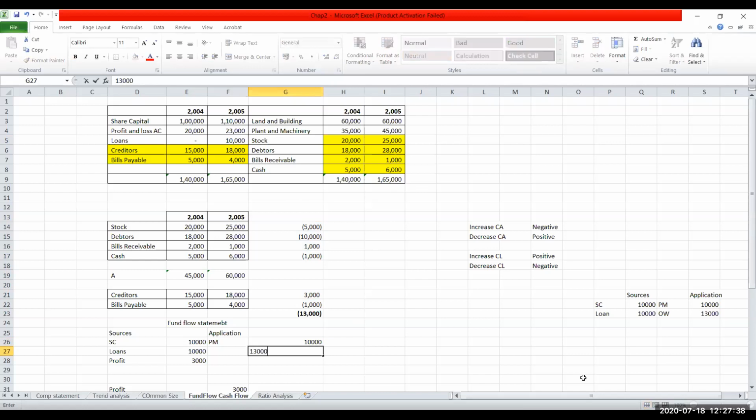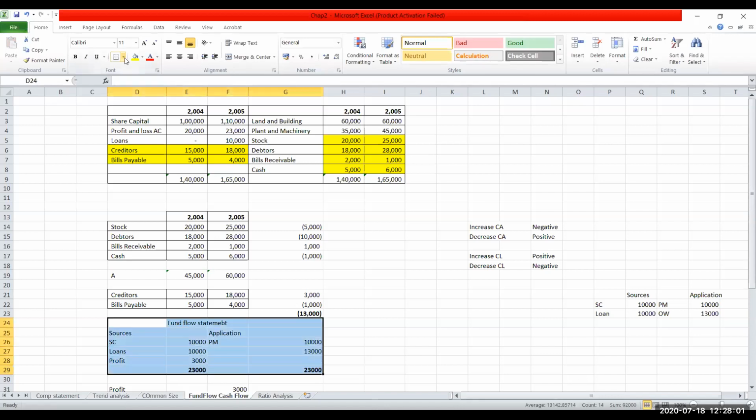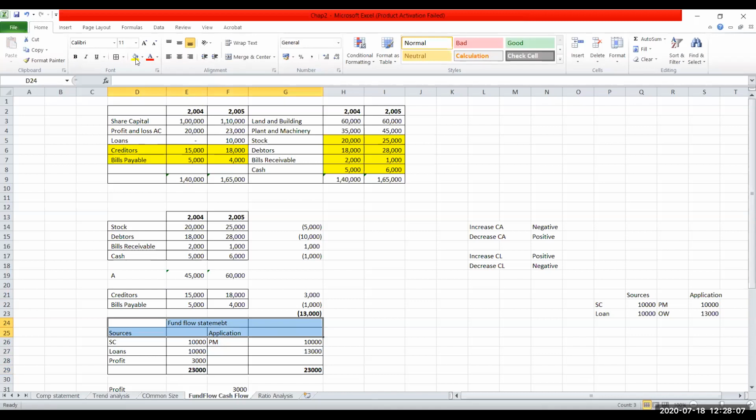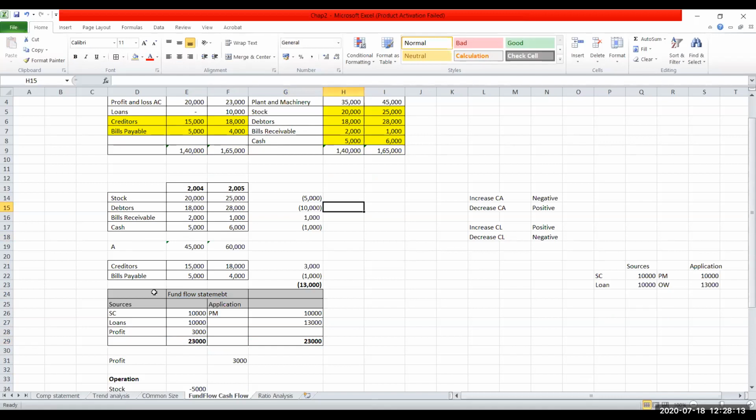So we'll take 13,000. So now both are matching. From this, what we can understand is that this is the business, and what we have as sources: we got it from share capital, we got it from the loan, and we have the profit.